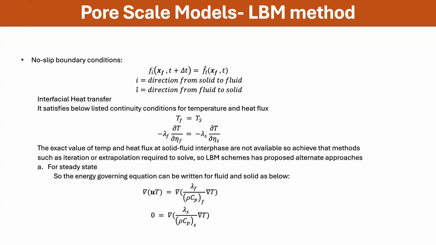So the du by dt term goes to 0 because it is a steady state. For the fluid, the first equation is del u T equal to del lambda f by rho cp f del T, and the second equation is 0 equal to lambda del s by rho cp s del T. That is for the solid because the solid is at rest and we are taking the fluid at some velocity.